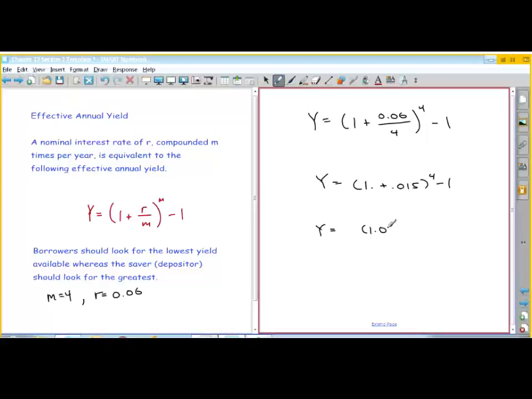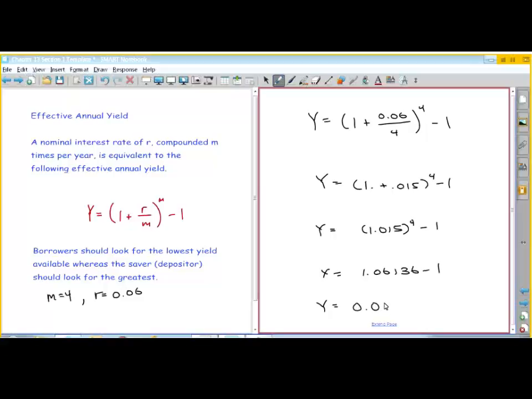So if you add these two numbers together, you get 1.015 raised to the fourth power, and 1.015 raised to the fourth power is 1.06136. And then we subtract 1 to get it in terms of the interest rate in decimal form.